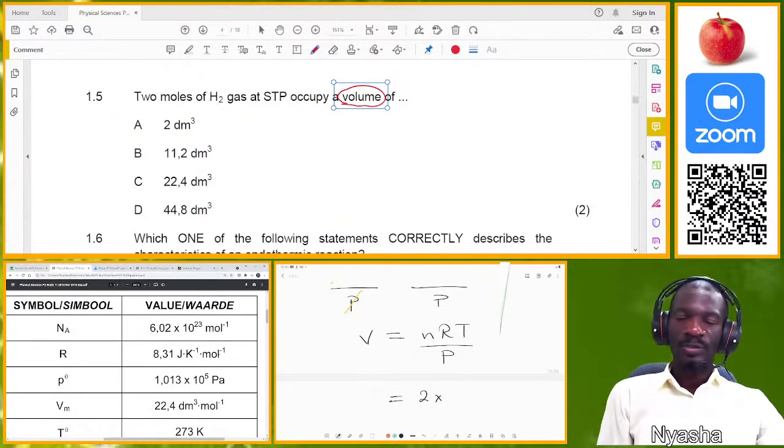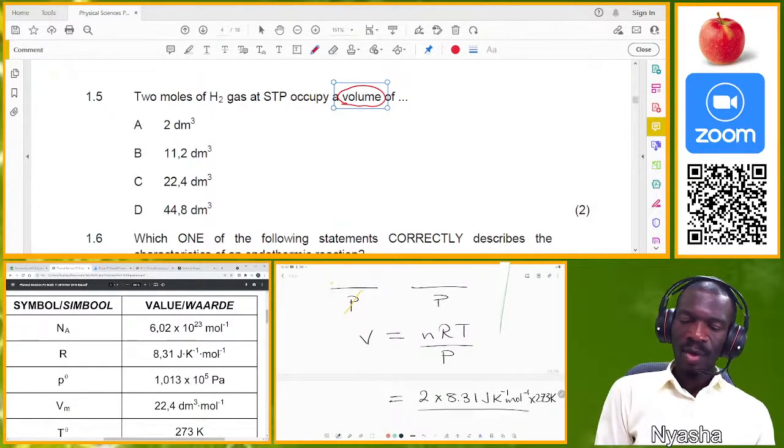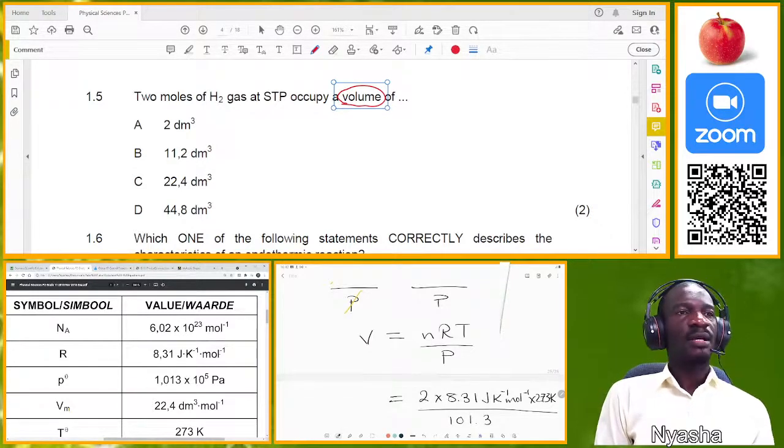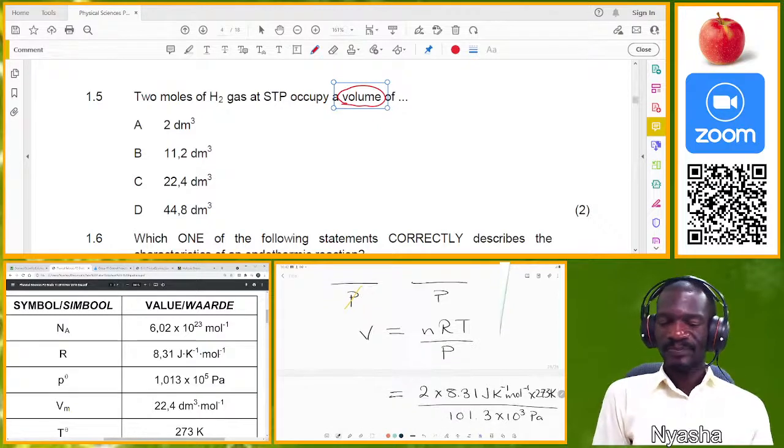That value is 8.31 joules per Kelvin per mole multiplied by 273 kelvins, divided by 101.3 kilopascals. What is kilo? Times 10 to the power of 3 pascals.